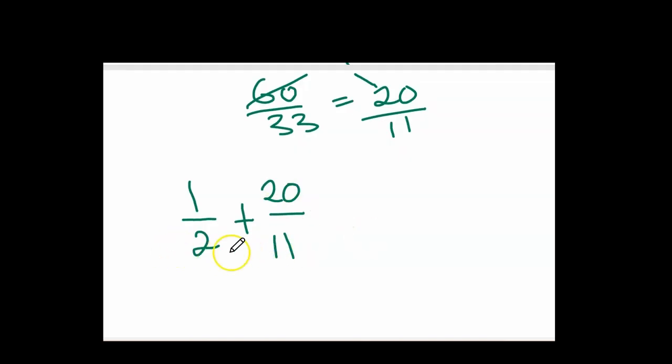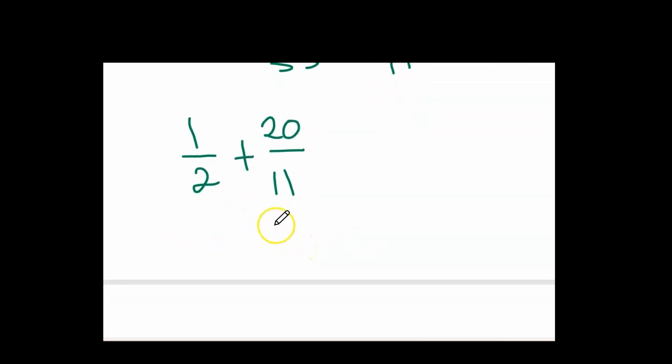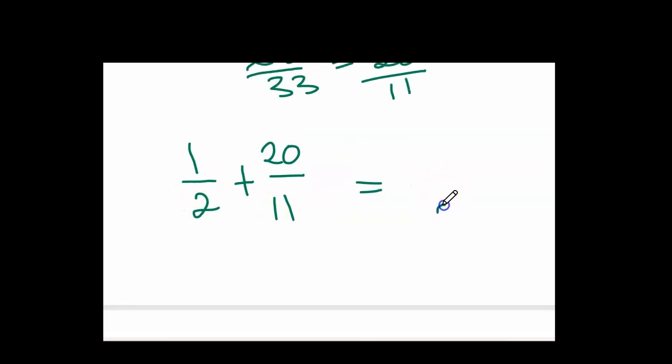Now, we can give it a common denominator. The common denominator of 2 and 11 is 22 for sure. So we're going to have this. Then 2 into 22 will give us 11, and 11 times 1 will produce 11. Remember, you can also go this way if you want. Then 11 into 22 will give us 2 for sure.